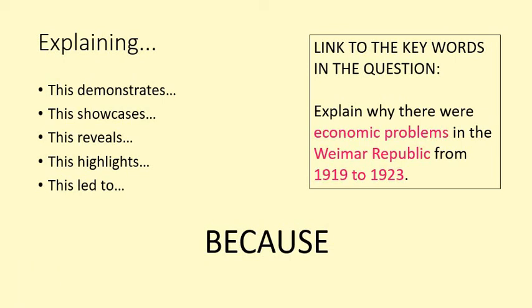So after making your point and describing the issue of reparation payments, you might then go on to say something like, this demonstrates why the Weimar Republic had economic problems because, and then you go on and complete the rest of that sentence. Do you notice how I've used a phrase to help show that I'm explaining? I also use the highlighted words in the question.